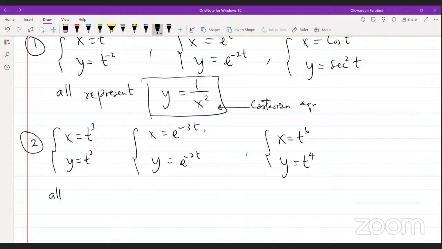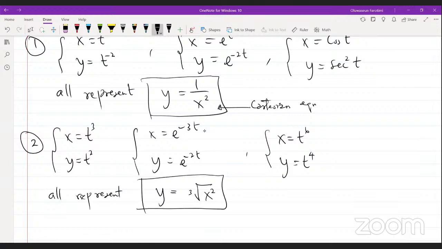This guy, all of them, guys, they represent y equals cube root of x squared. You can also try it. That's what you get. This is like cube roots, okay? Cube root of x squared. I mean, there are a whole bunch of these possibilities, okay?